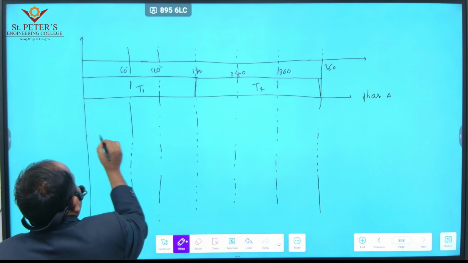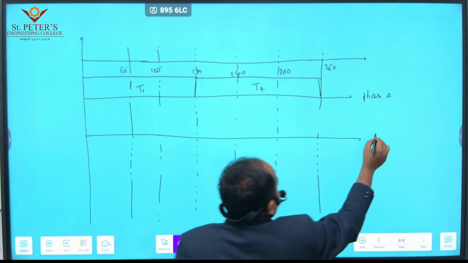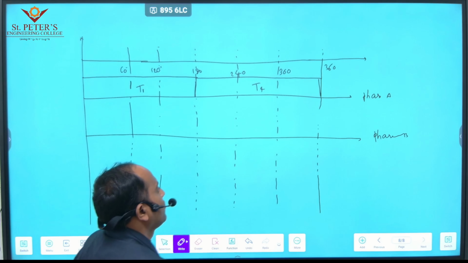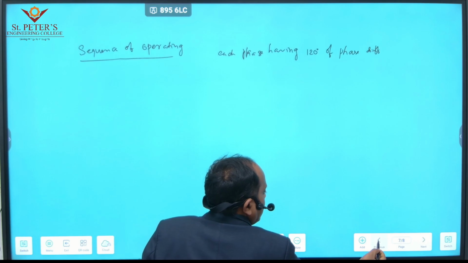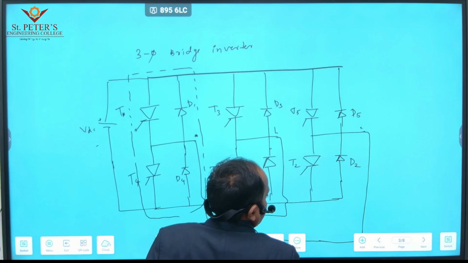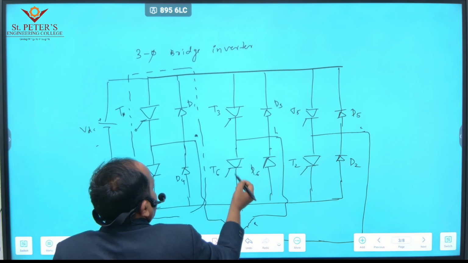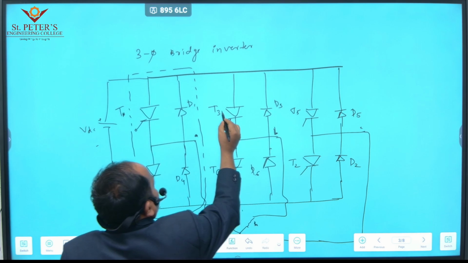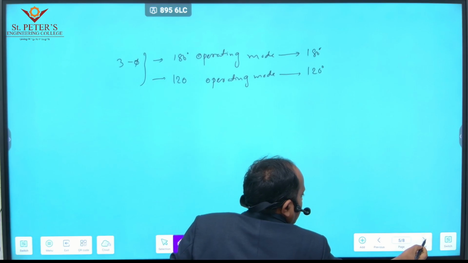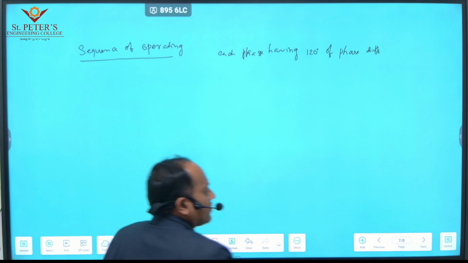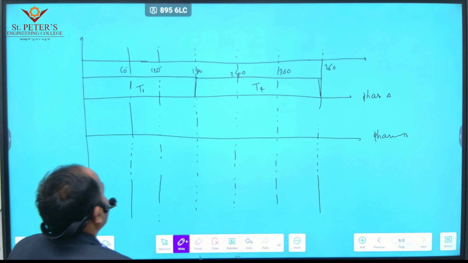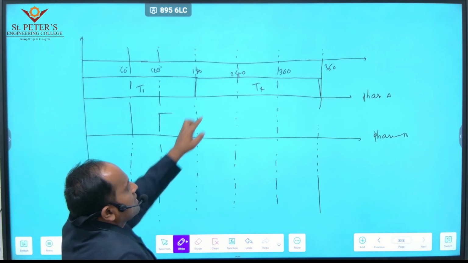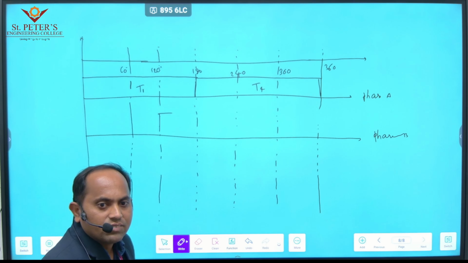For phase B, which thyristors are connected? From the diagram, T3 and T6 are connected for phase B. Yes or no? So T3 conducts for a duration of 180 degrees, but it starts from 120 degrees. Why does it start at 120 degrees? Because each phase has 120 degrees of phase shift.